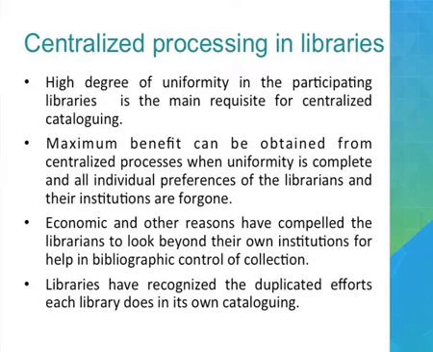A high degree of uniformity in the participating libraries is the main requisite for centralized cataloging, because we try to benefit maximally so that the participating libraries can reap the benefit, and therefore uniformity is complete and all the individual preferences of the librarians and their institutions are forgone. Apart from that, economic and other reasons have compelled librarians to look beyond their own institutions for help in bibliographic control of collections.